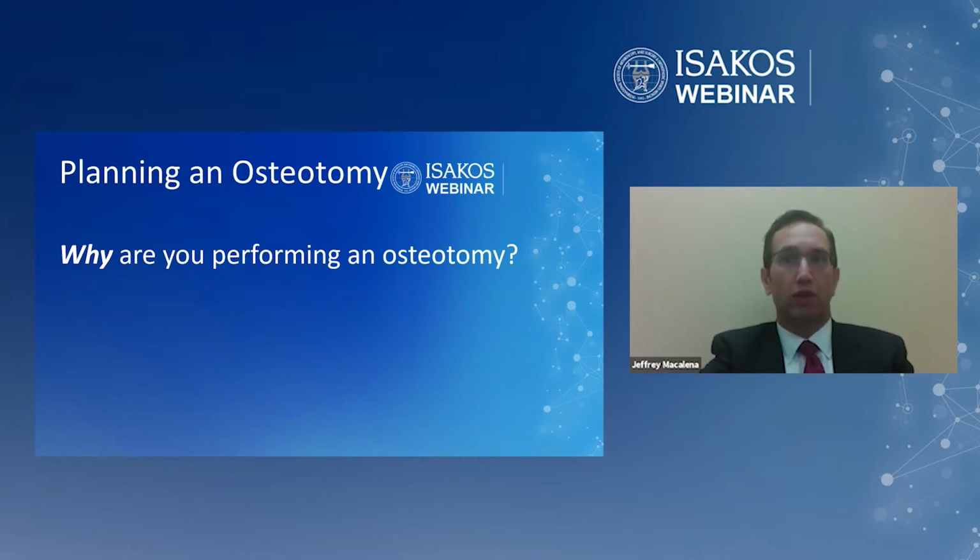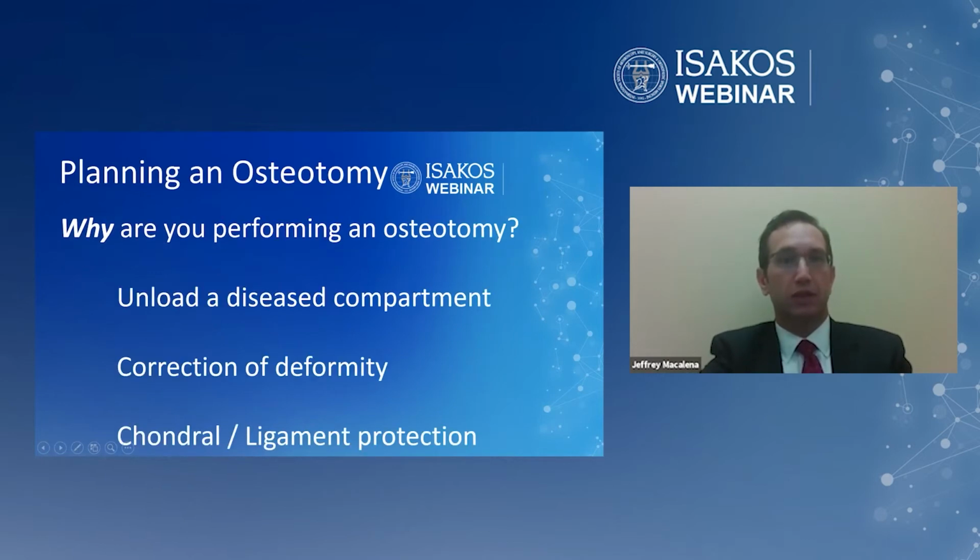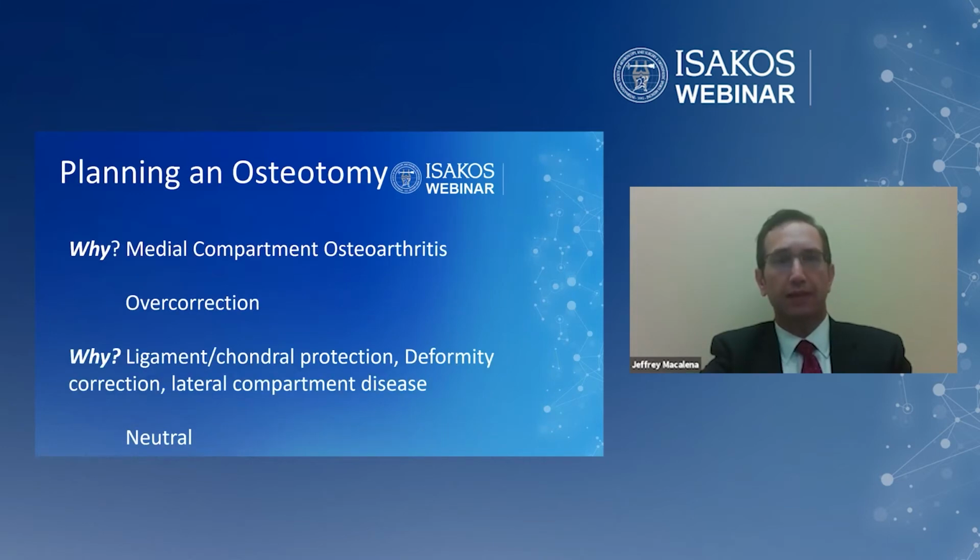I think that's really one of the first things that you need to do, as Tim discussed. So really the main reasons are to unload a diseased compartment, for correction of a prior deformity, or for condylar ligament protection. And as I'm discussing specifically now coronal plane correction, if you're doing an osteotomy for arthritis, for osteoarthritis or wear of a compartment, there really is probably a role for overcorrecting that osteotomy even past neutral into the opposite compartment.